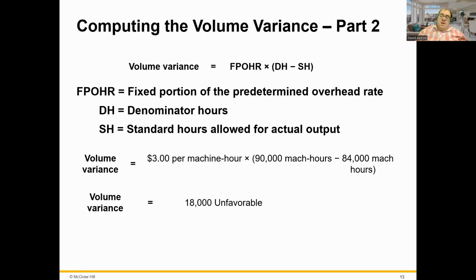That's going to give you 18,000 unfavorable, because the denominator hours, 90,000 machine hours, exceeds the standard hours allowed for the actual output, which is 84,000. It presumably signals inefficient usage of facilities, and so therefore it would be labeled as unfavorable.